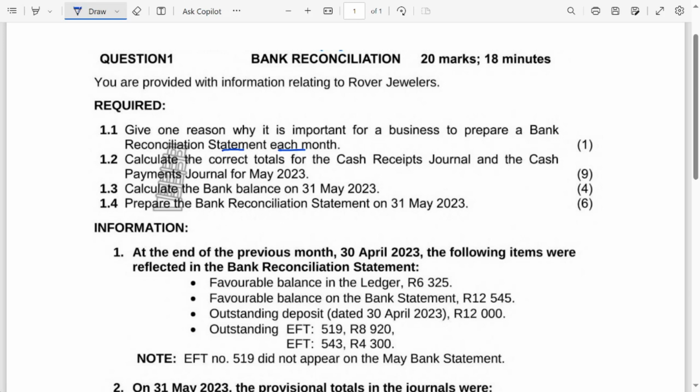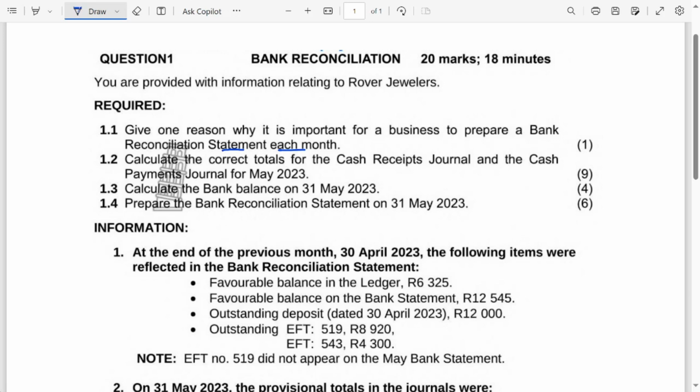Preparing the bank reconciliation statement helps either the business or the bank to see if there are any errors made by them.